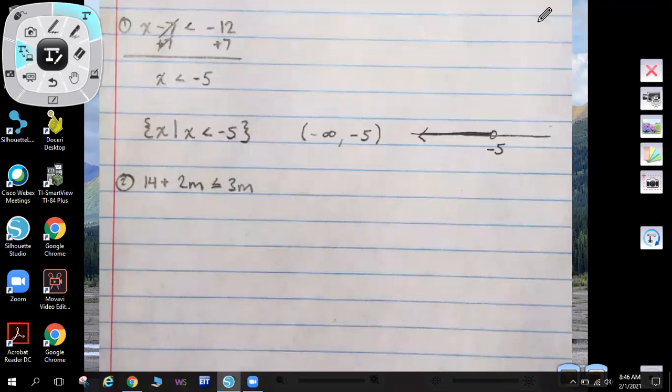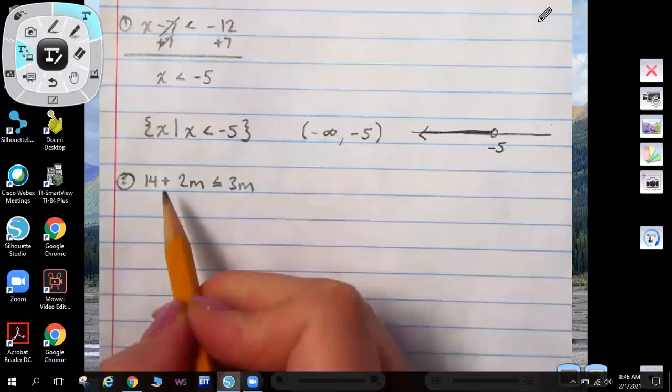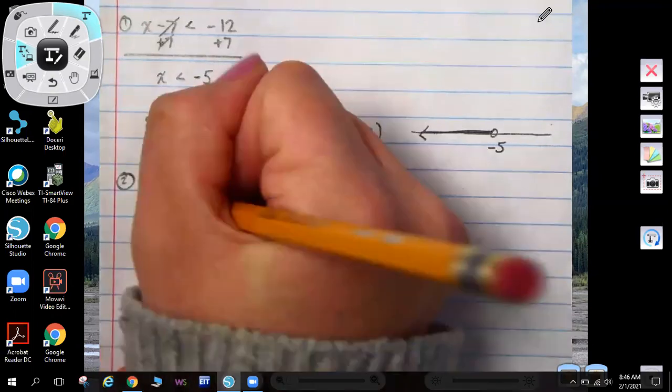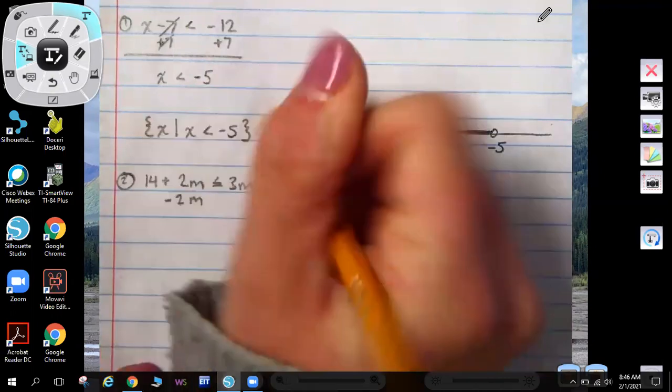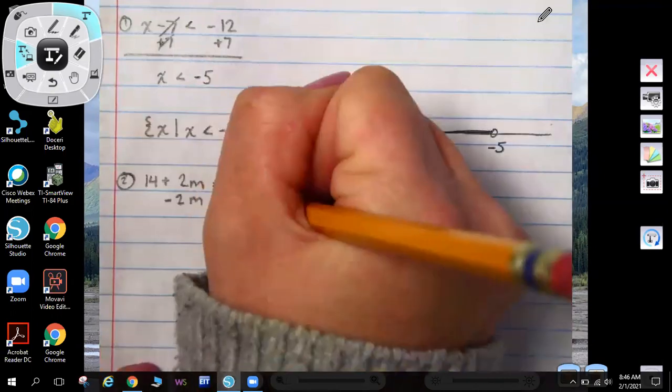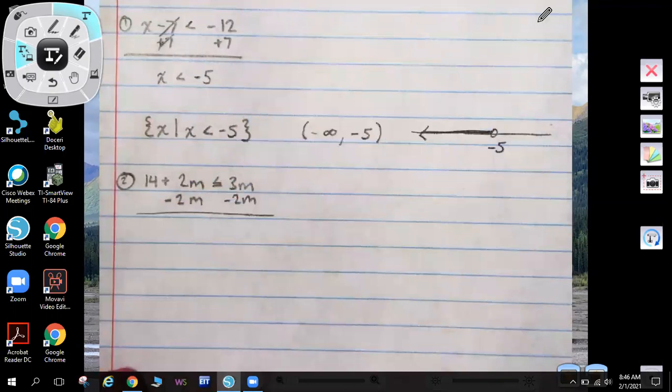So we want to solve for the variable. Right now we have 2 different terms that have m in them. So we want to get those terms on the same side. So since this is a positive 2m, I can move it to the other side by subtracting 2m from both sides.